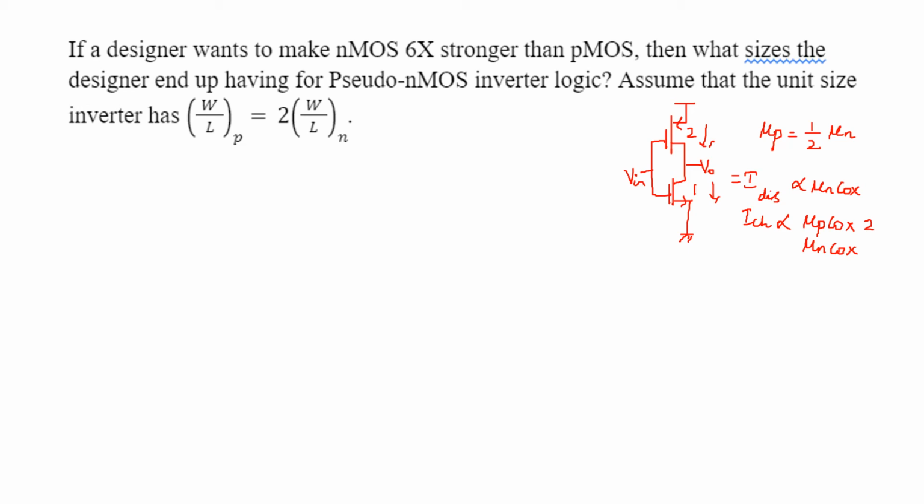Right? So now we have to make the NMOS 6 times stronger than that of the PMOS, which means the current through the NMOS must be 6 times that of the current through the PMOS. So now let this be a pseudo NMOS inverter.